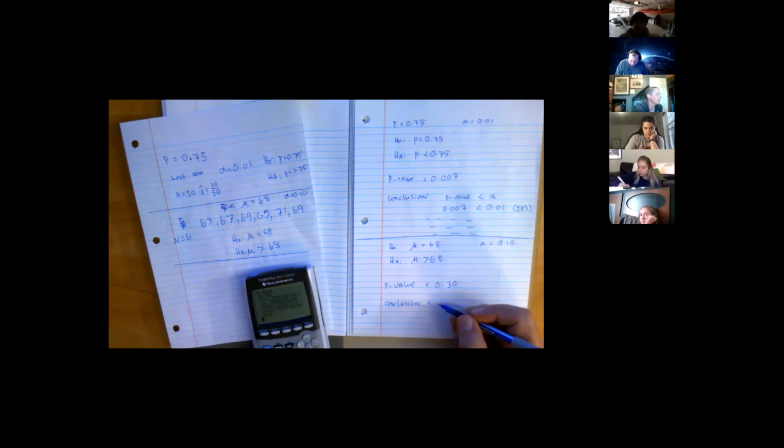So the conclusion this time: is our p-value less than alpha? Is 0.3 less than 0.1? The answer is no. So we have not statistically significant. This particular survey didn't come up with anything statistically significant, so we don't know, essentially. There's not enough evidence to reject H naught.